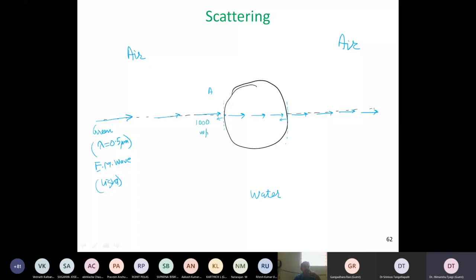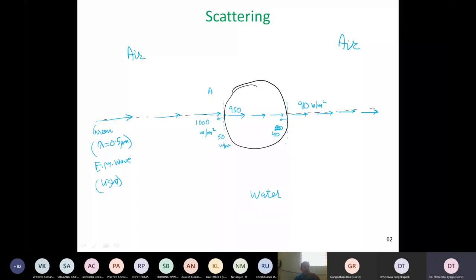Let's say 1000 watts per meter square is incident over here, maybe about 5%, or let's say 50 watts per meter square gets reflected. And over here we have the remaining 950 watts. Then again another 50 watts reflected, or maybe I'll change this number. Let me put 40 watts over here. Then what comes out over here is 910 watts per meter square.